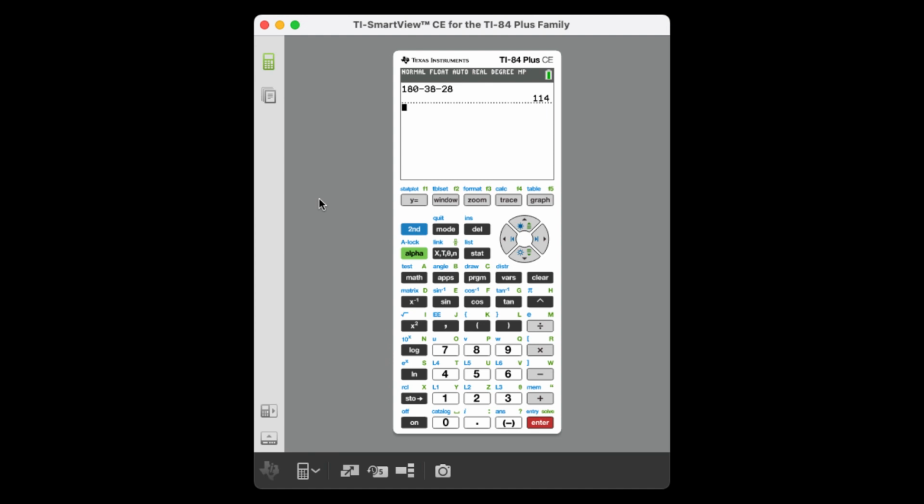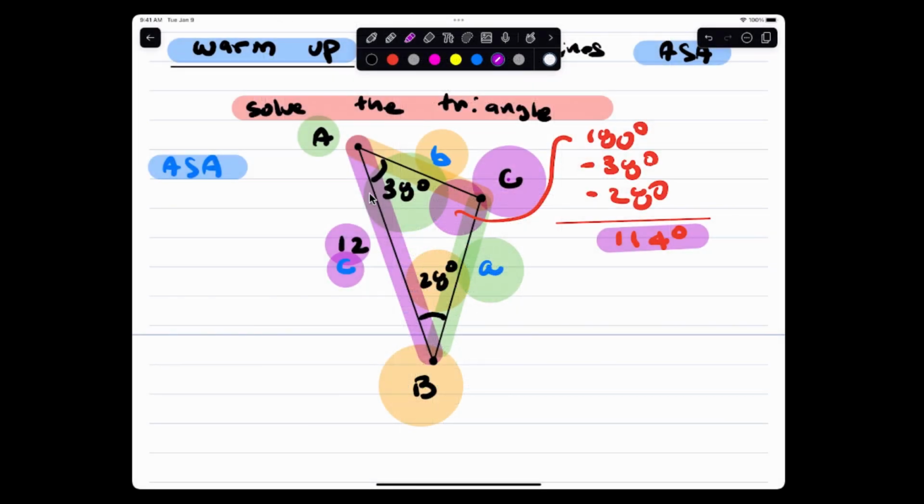And I guess the color this morning for that was purple. So, ladies and gentlemen, this is angle C. So this is what you guys want to do, 114 degrees here. Okay, you guys okay with that? That's the first one you found.